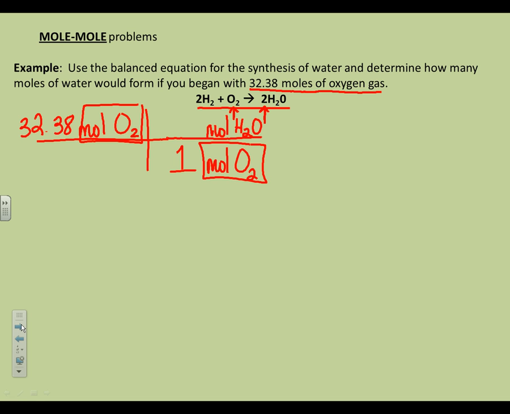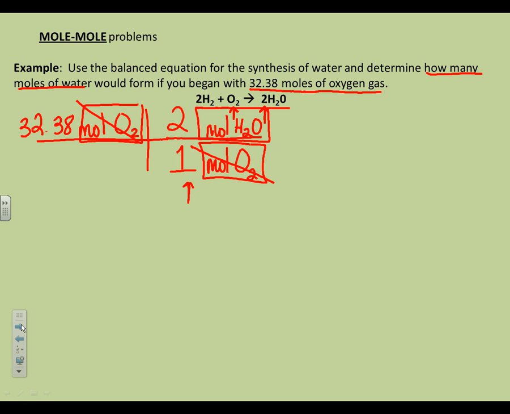I remember that from Unit 8. Yeah. So those will cancel, and when they cancel, I'm left with moles of water, which is what I'm looking for in my problem. Because we want to know how many moles of water I would produce. So based on this balanced equation, I know that for every 1 mole of oxygen, I get 2 moles of water.